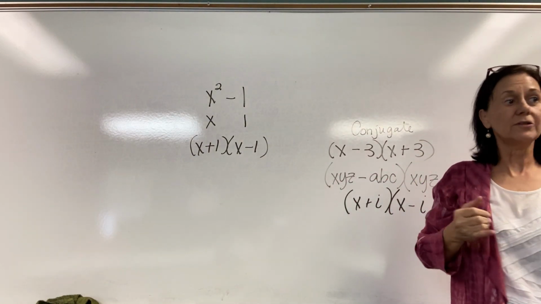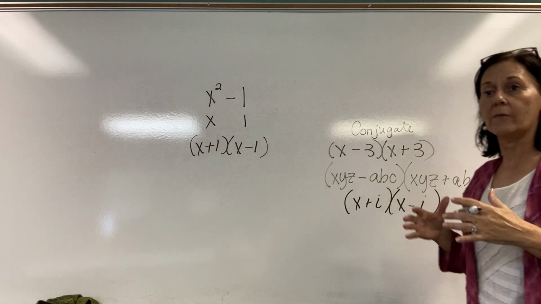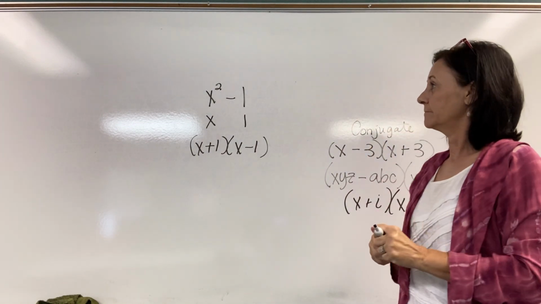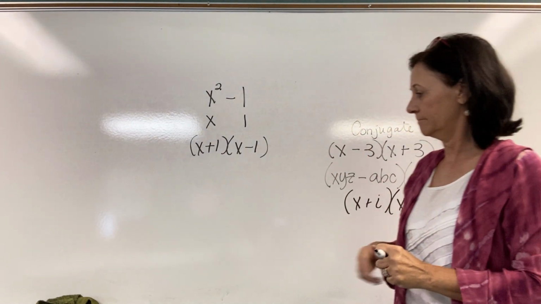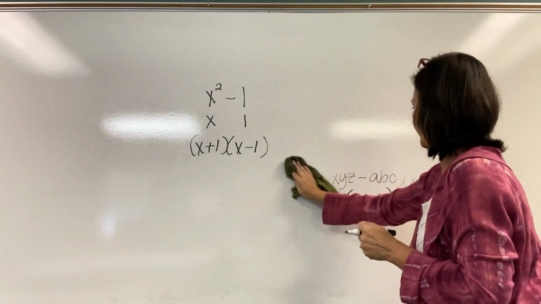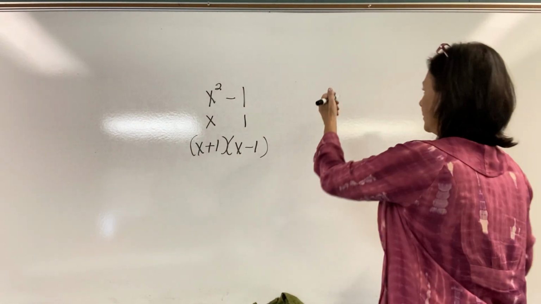So you just look at the original terms. You ask yourself, what is the square root of that value? It's going to be plus and minus those values. They're conjugates. So we use conjugates a whole lot.